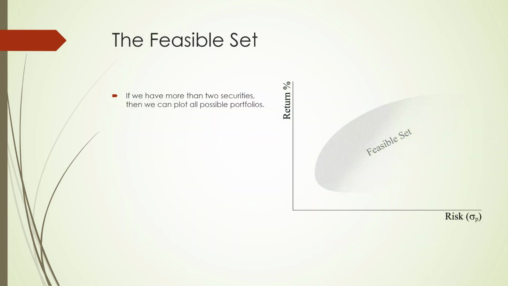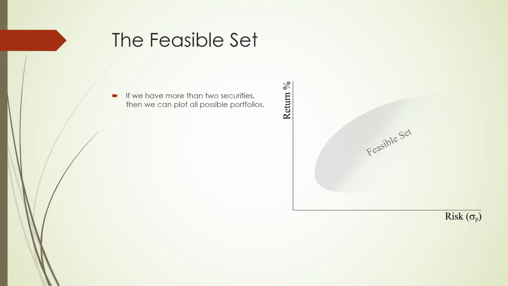Okay. Now, imagine that we have a bunch of securities, more than 2. Could be 3, it could be 100, it could be whatever number you want it to be. If we created every possible combination of those securities, so we might have a portfolio that has just security 1 in it, and another one that has security 1 and 2, and then securities 1, 2, and 3, and so on, all with different weightings and everything, we would have an infinite number of possible portfolios.